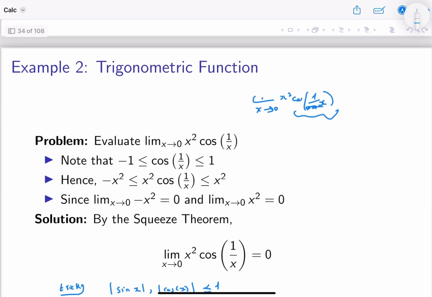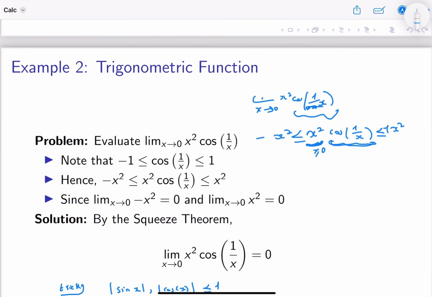So let us see how. Well, x squared cosine 1 over x is bounded above by x squared, because cosine is bounded by 1. And it is bounded below by minus x squared, because cosine is bounded below by -1. Notice it's important that this x squared is actually non-negative.